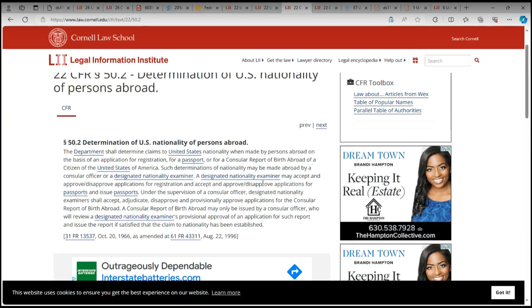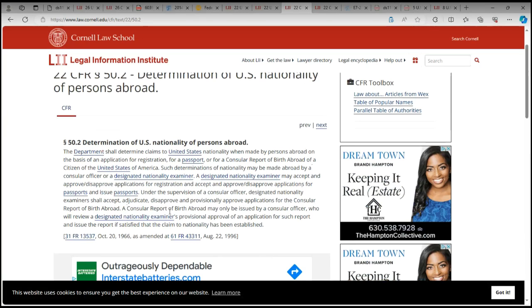A designated nationality examiner may accept and disapprove applicants for registration and accept and disapprove applications for passports and issue passports under the supervision of the consular office. Designated nationality examiner shall accept, adjudicate, disapprove, and provisionally approve applications for the consular report of birth abroad.